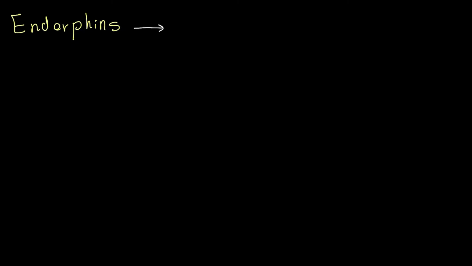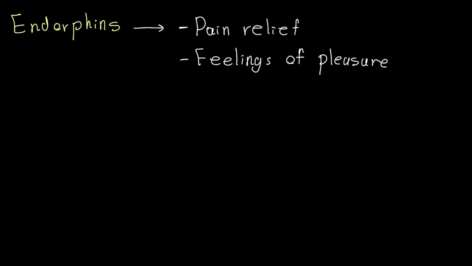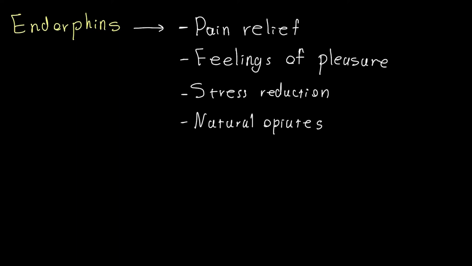Endorphins are neurotransmitters that are involved in pain relief, feelings of pleasure, and stress reduction, and they're basically acting like natural opiates, so they're painkillers.